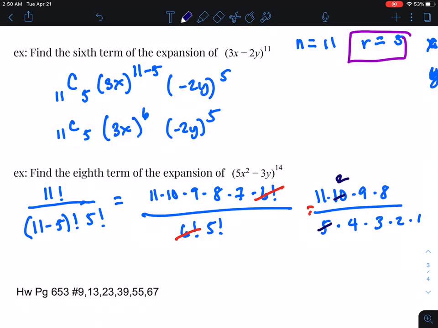Here, 2, here, 2. So we get 11 times 2 times 3.